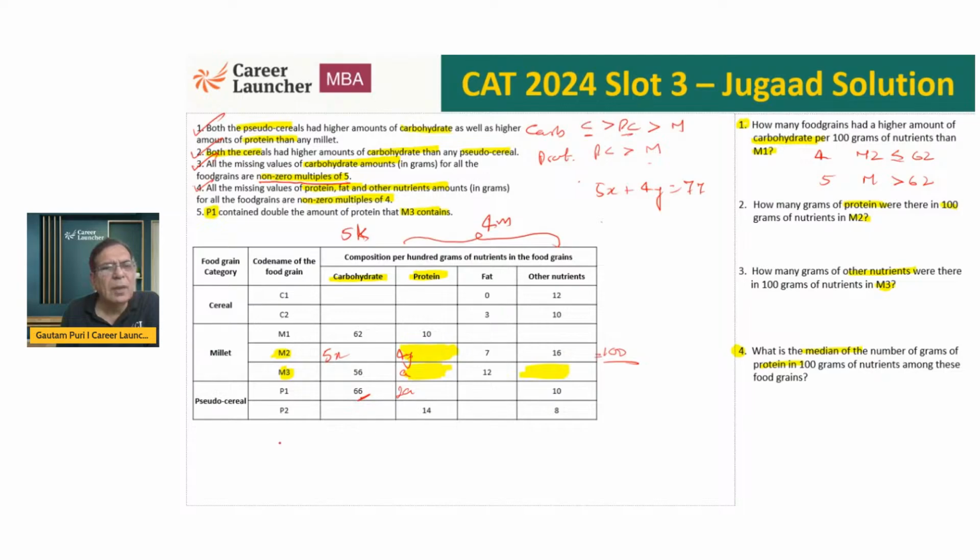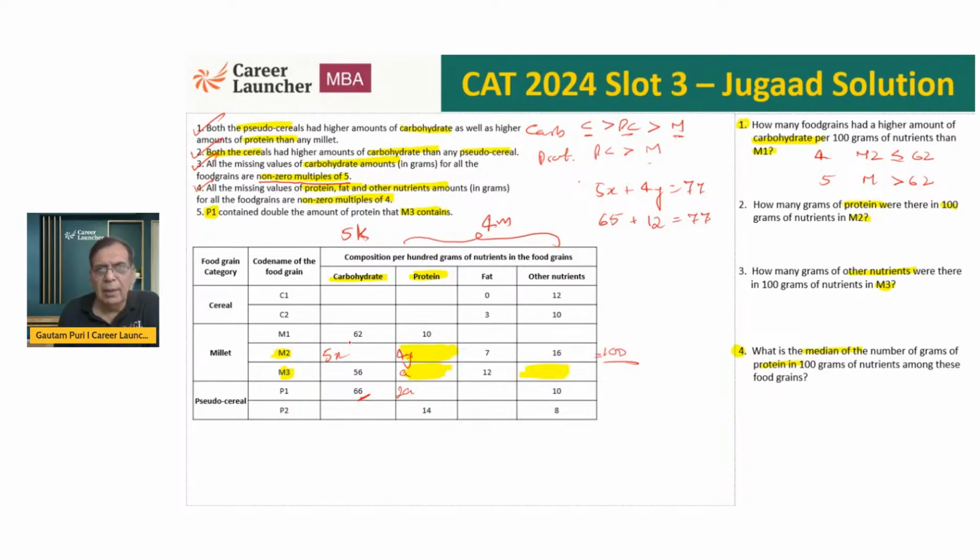No, because millets have a lesser amount of carbohydrate than pseudo cereals. So 5x should be less than or equal to 66. What is the maximum possible value of 5x? 65. If this is 65, 4y has to be 12, because the summation has to be 77.